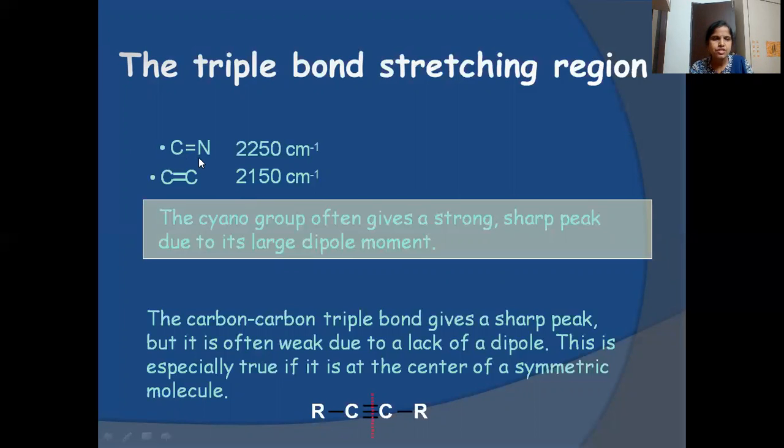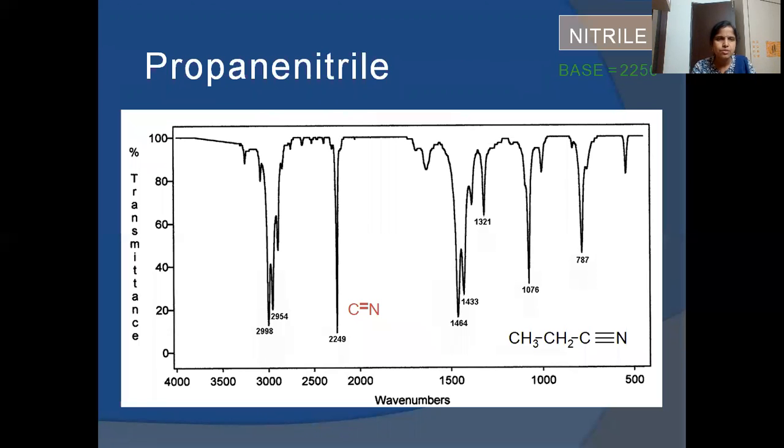Whereas C triple bond C will appear weak and it will be less than the cyano group. In the example, you can see propane nitrile. Cyano group at 2200, very sharp band. So whenever this appears, it might be due to a cyano group.